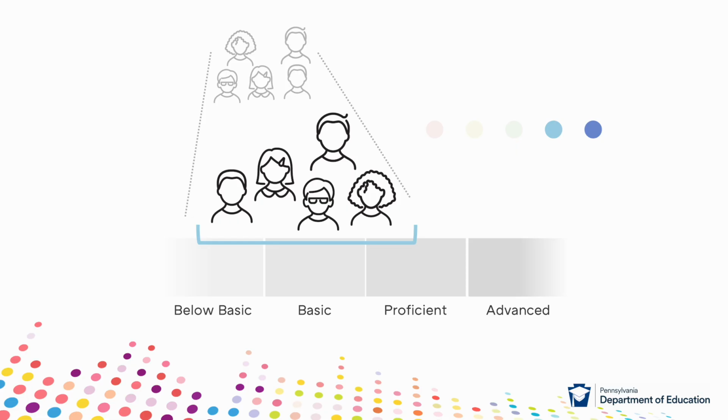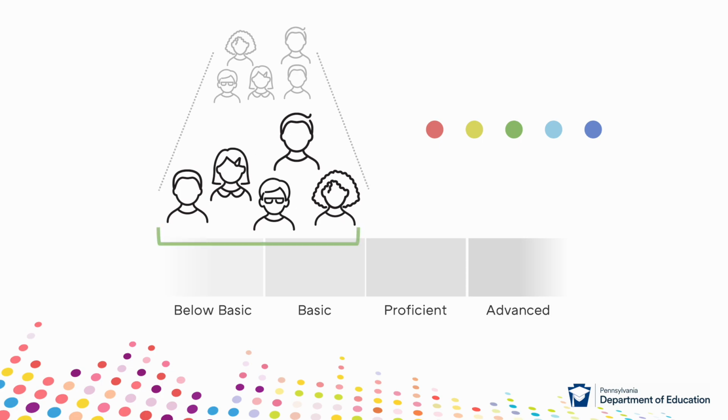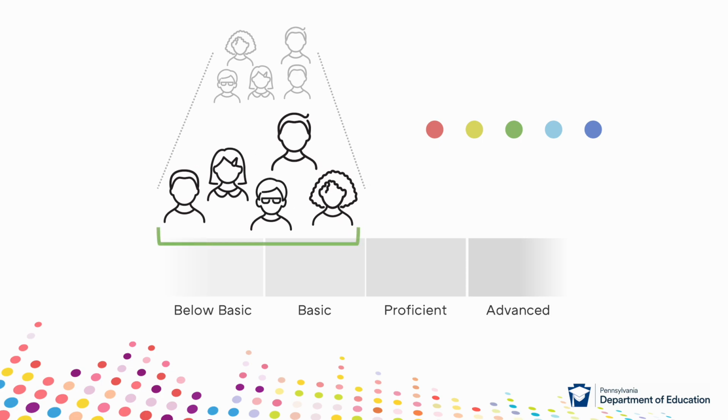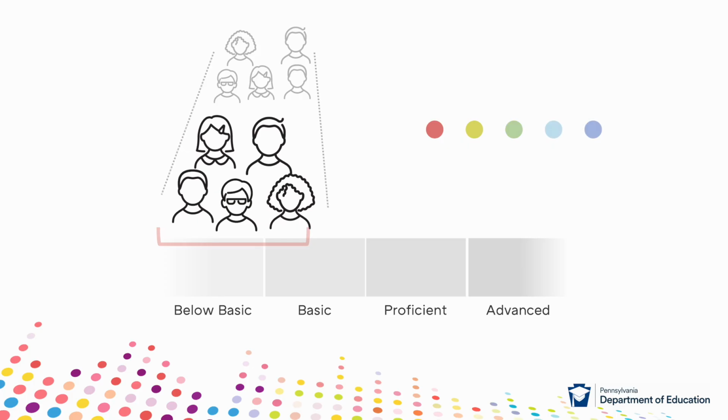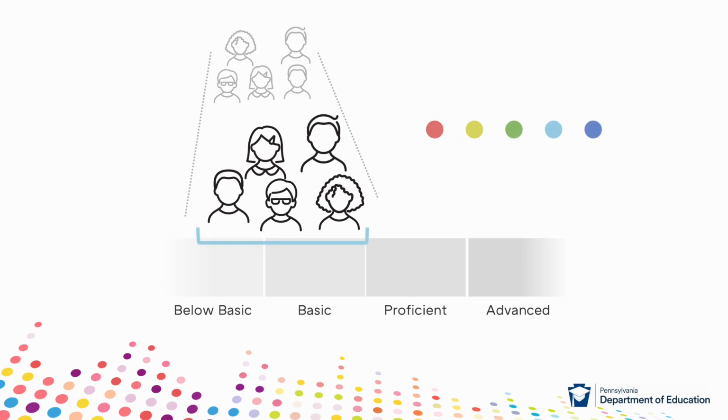Let's illustrate this a little further. Remember, this is a group of students where all students are below proficiency to start. This group of students, on average, could move further behind, lower, into the basic and below basic ranges compared to where they started, and this would be a yellow or red in PVAS. Or this group of students could, on average, increase their achievement and gain ground. This would be a light blue or dark blue in PVAS.